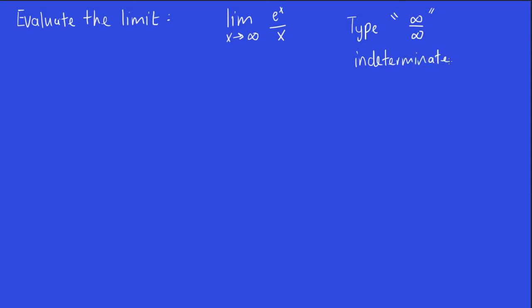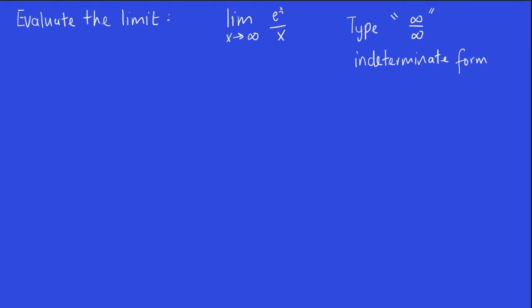And whenever we have an indeterminate form with infinity over infinity, for example, we should try to use L'Hopital's rule to get the answer. But I will just say that it's obvious this limit is infinity. Why? Because e to the x is an exponential function, and x is just a polynomial function.